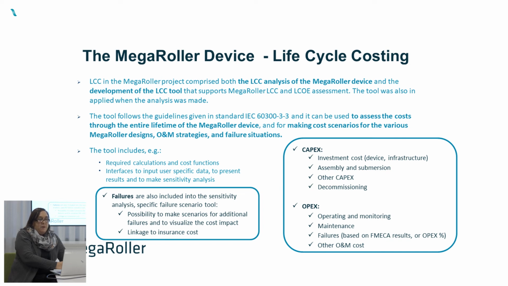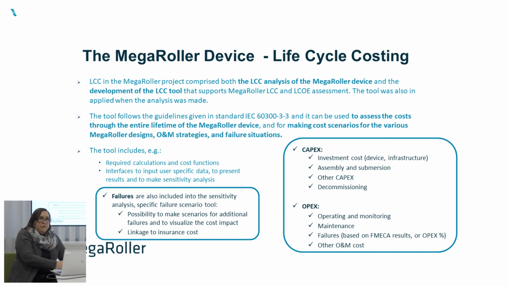And what we also did in parallel when we were developing the tool and making the analysis, we of course needed to gather the data. So there are very many data sources that we used. We used, for example, the results of earlier research studies, industrial reference data, statistics and other databases, and then of course we discussed a lot with AW Energy and used the data they had gathered.